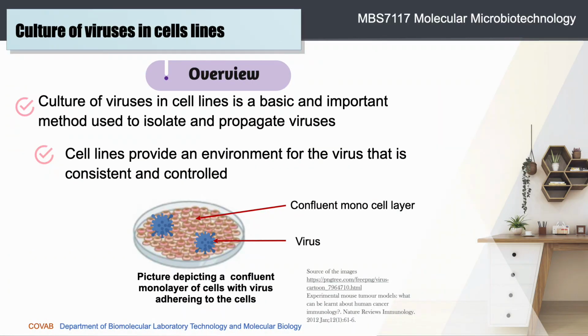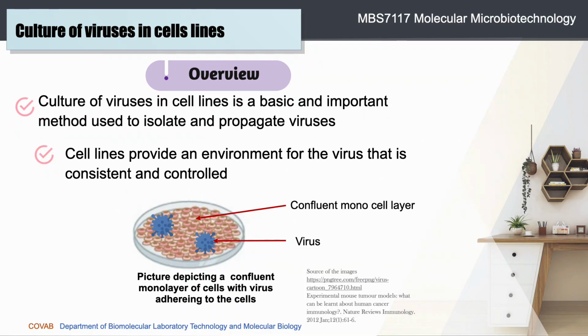The culture of viruses in cell lines. We'll start with an overview. The culture of viruses in cell lines is a basic and important method used to isolate and propagate viruses. The cells provide an environment for viruses that is both consistent and controlled.